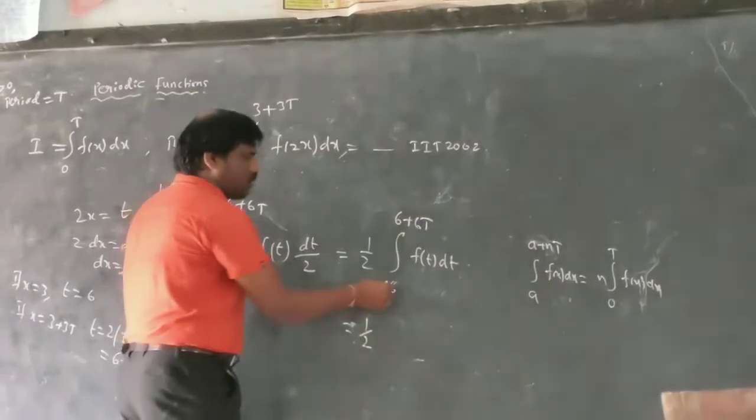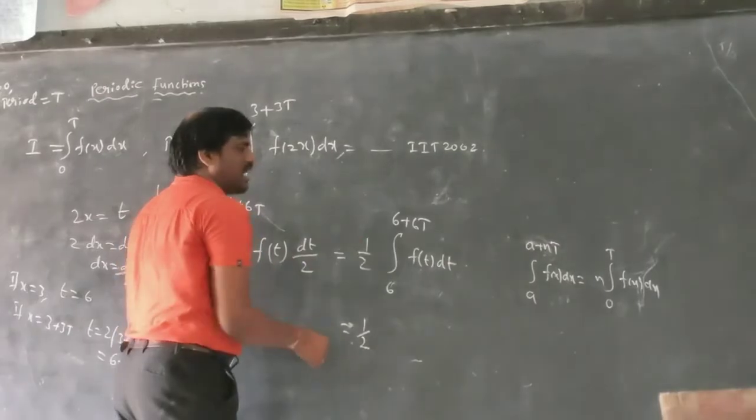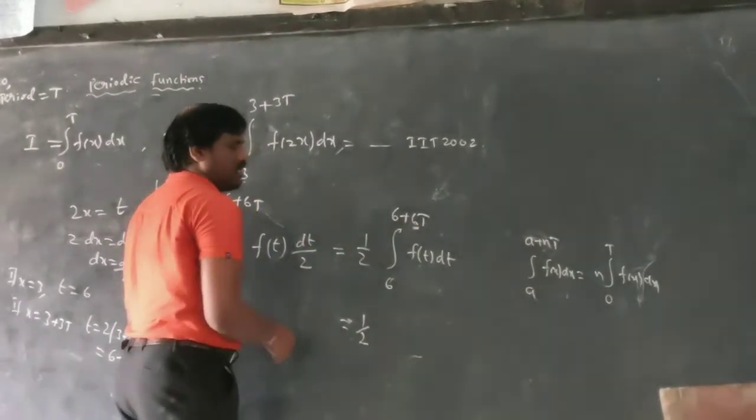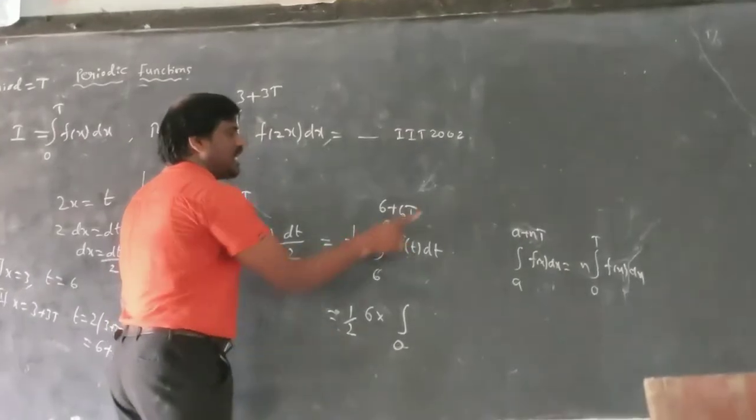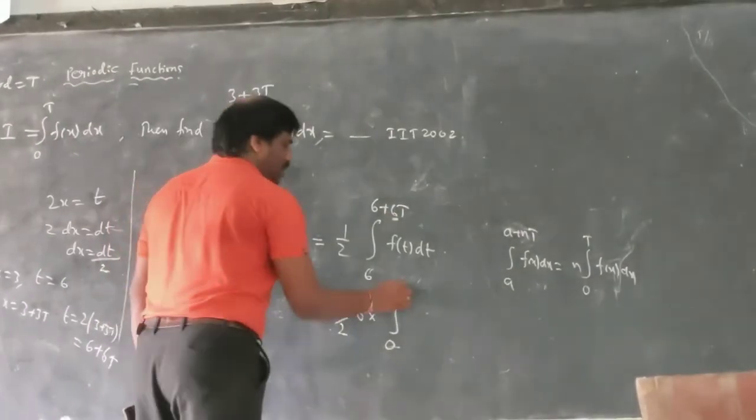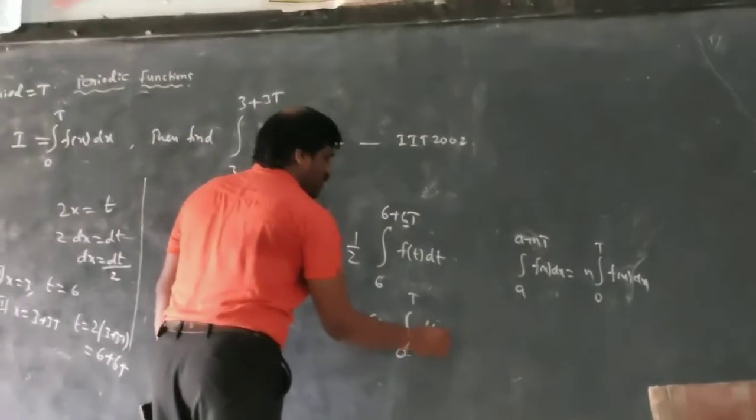So according to this rule, I can write n times. N times means what here, 6 times, the integral from 0 to T of f(x) dx.